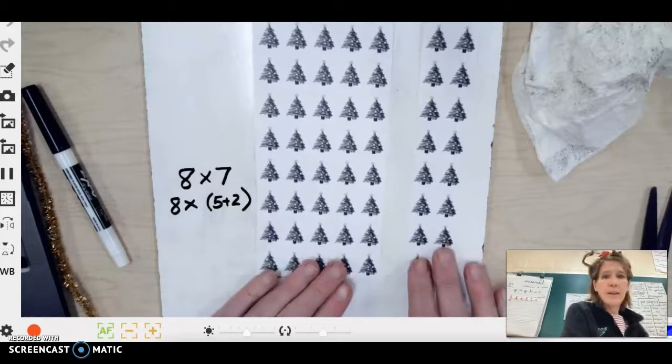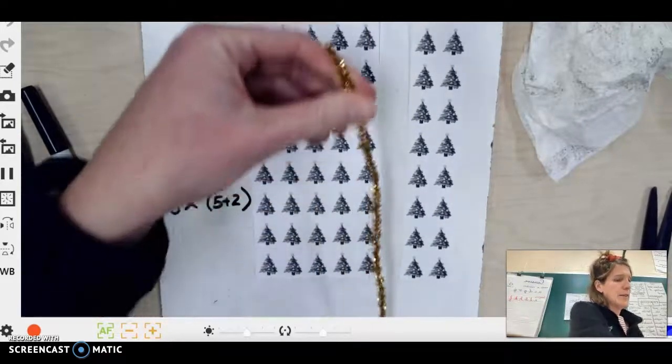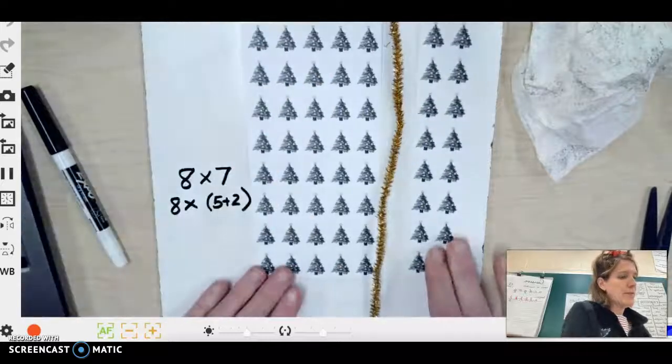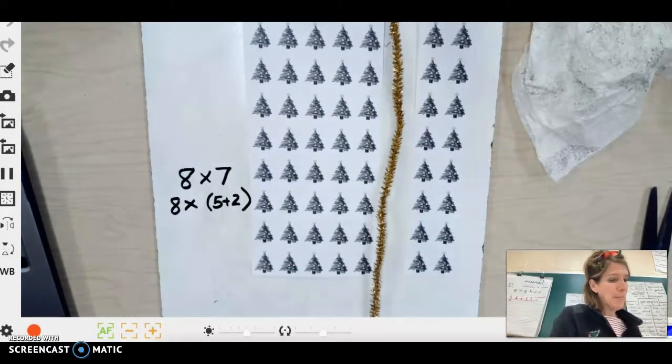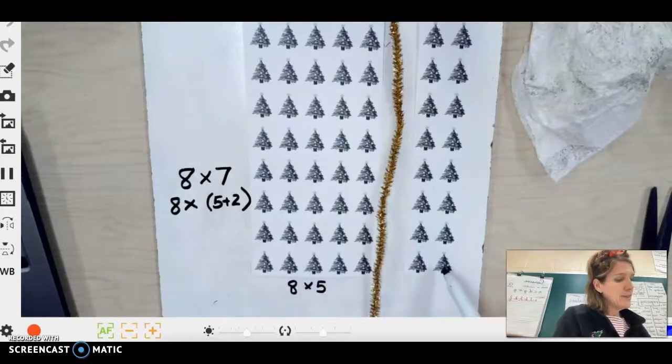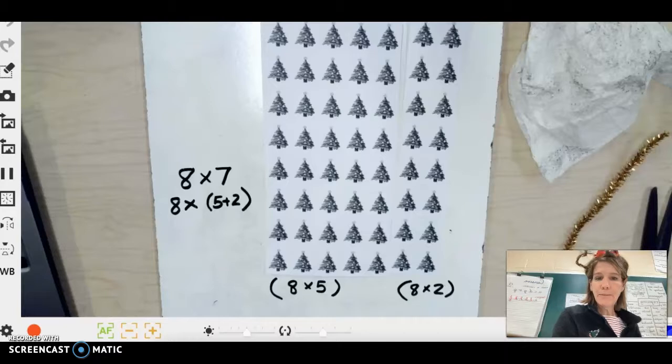A 5 and a 2. Okay, I'm going to break it right there. 5 and 2. Okay, so now this array is what? This array is 8 times 5. And this array is what? 8 times 2. And if I add these two arrays together, I get my 8 times 7.